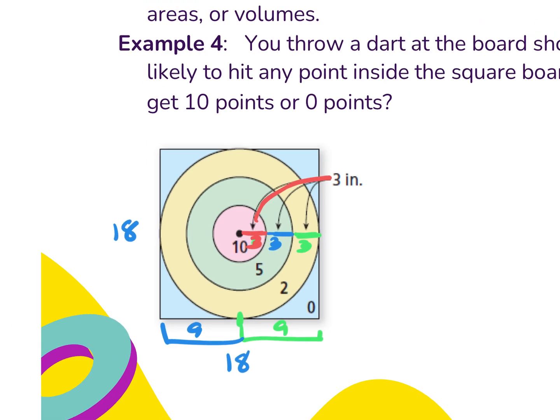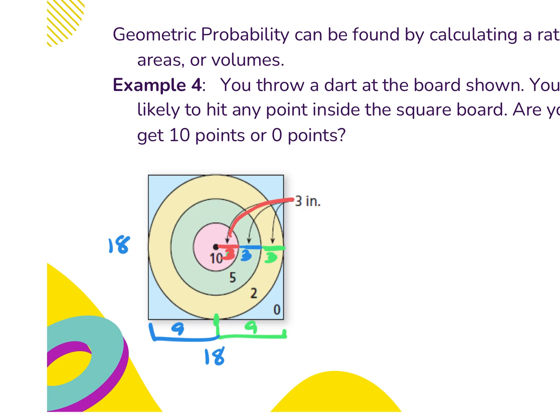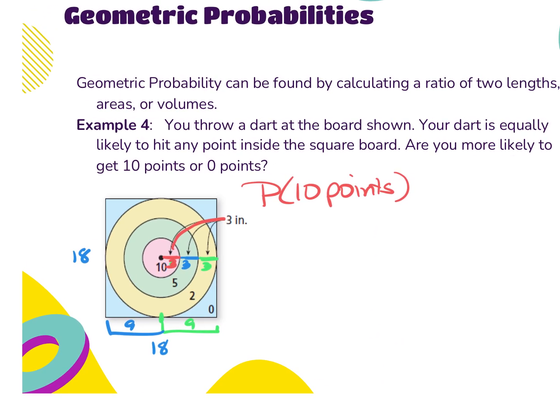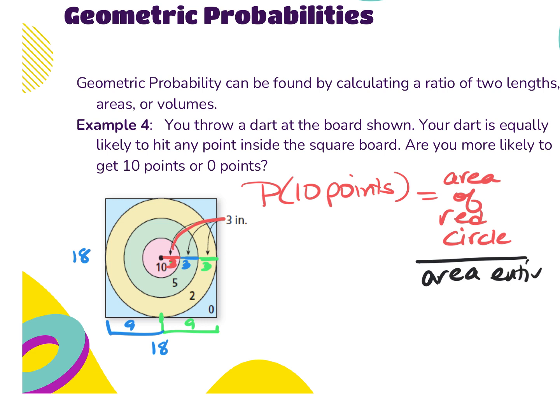So let's go ahead and do each probability. So let's do the probability of 10 points first. That's that inner pinkish red circle. So in order to find that probability, I'm going to find the area of the red circle, or that smallest circle, and I'm going to put it over the area of the entire board, which is a square.